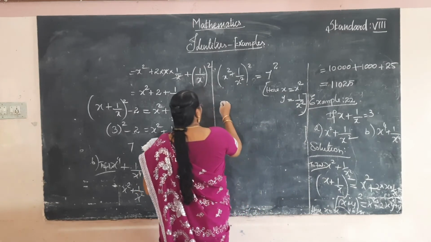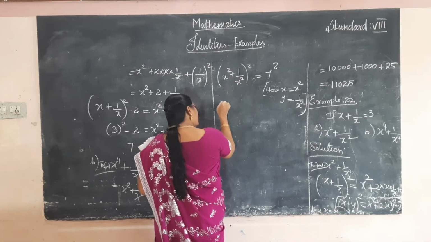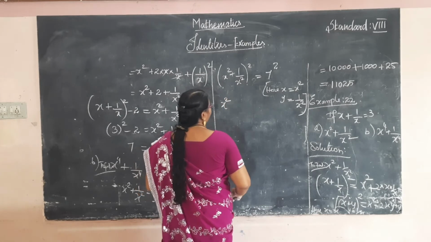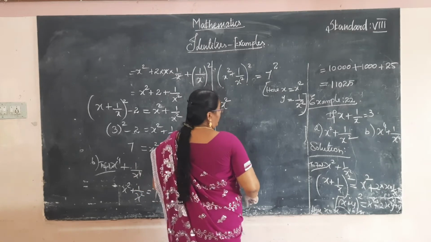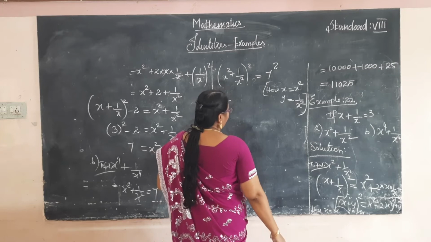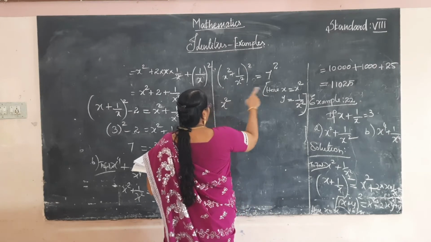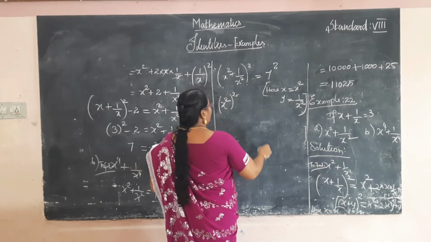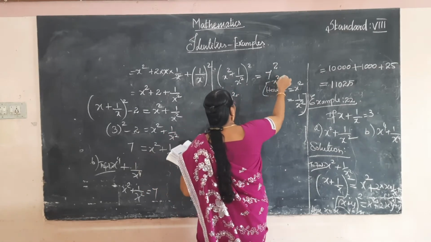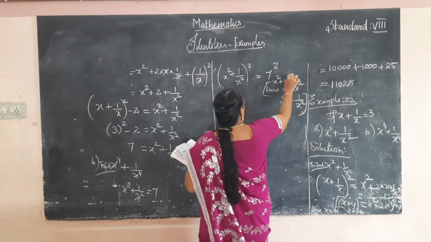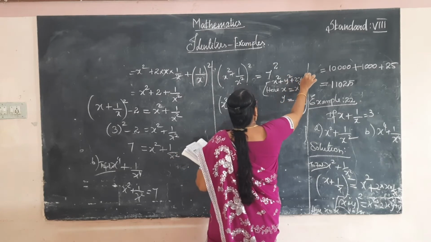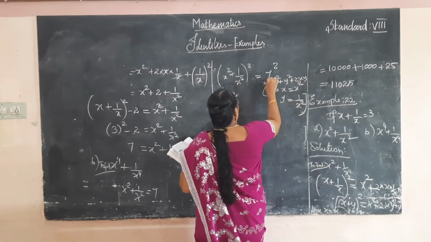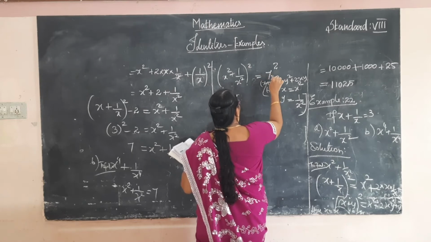The formula is x square plus y square plus 2xy, that is x plus y the whole square.